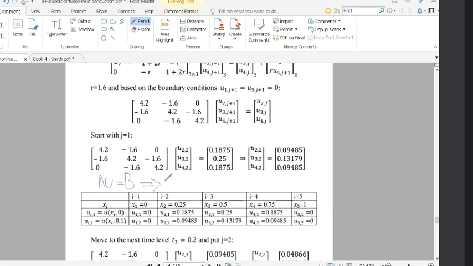For example, U equals A inverse times B, or you can use Gauss elimination to solve this matrix equation.